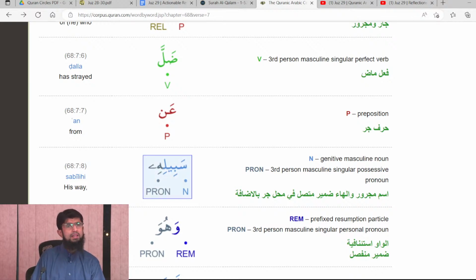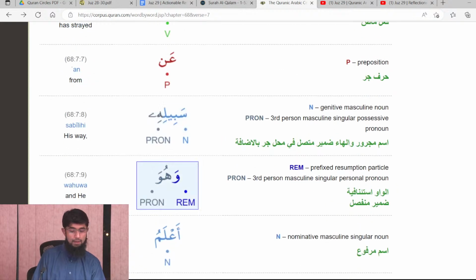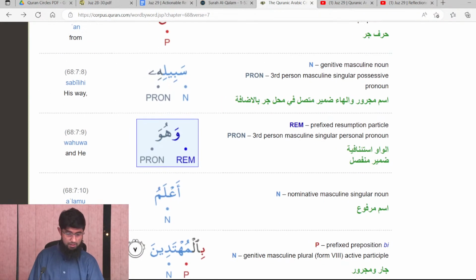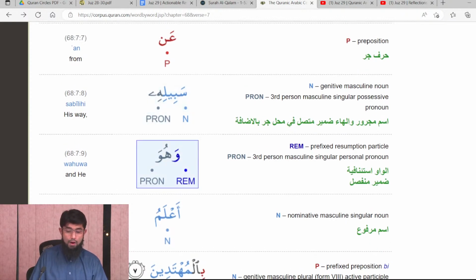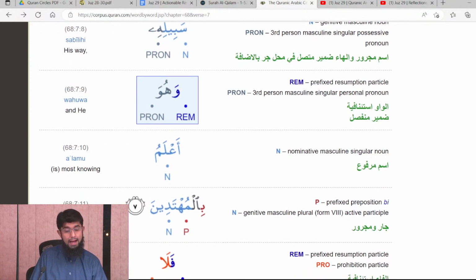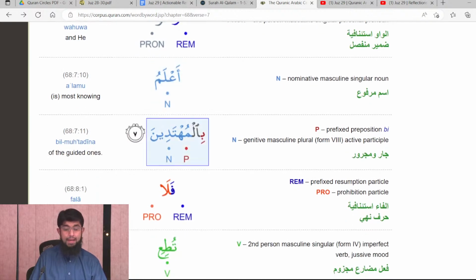So that's why I'm not sure why it is not anhi. I'm sure there's a reason, but I'm just confused right now. We know that it is in the jar, but why is it not coming as a kasra? There's probably some other rule, as sometimes multiple rules apply and then something happens. Okay, fi sabilihi wa huwa a'lamu bil muhtadin.